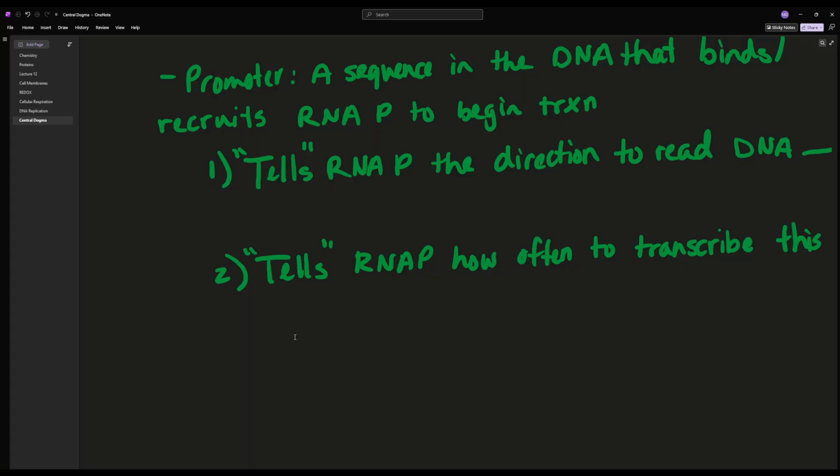So if we have two promoters, and one is really easy for RNA polymerase to bind and the other is not so easy, the one that more easily binds RNA polymerase will get more transcription, because RNA polymerase will be more likely to grab on to that promoter and initiate transcription. This will be talked about much more in depth next week with transcription regulation, but I wanted to put it on your radar that the promoter also does this.